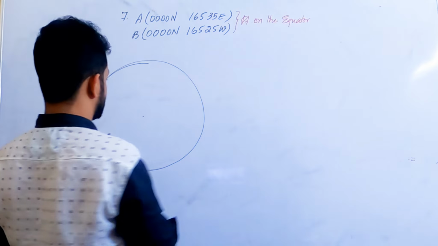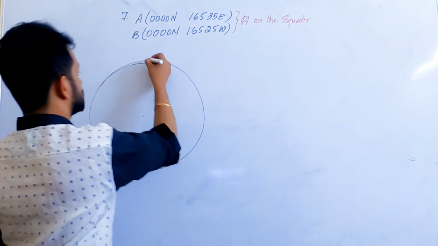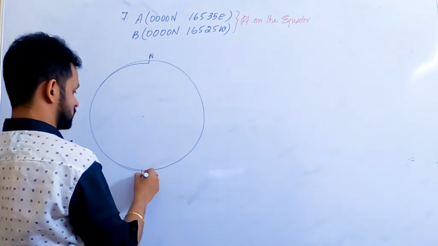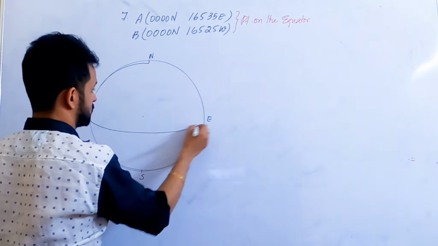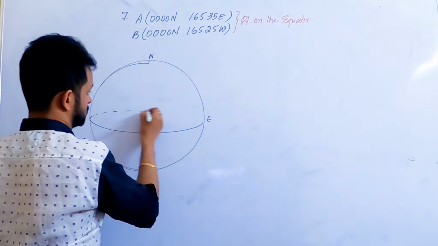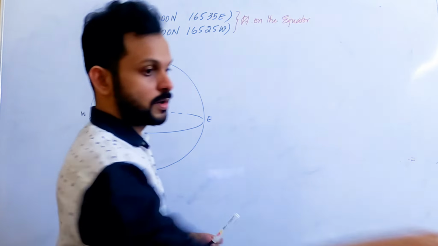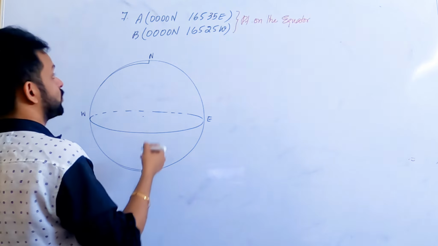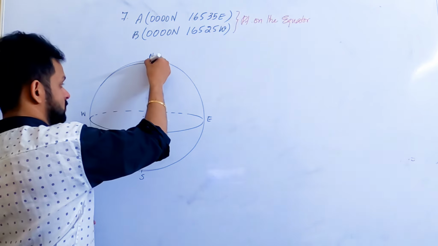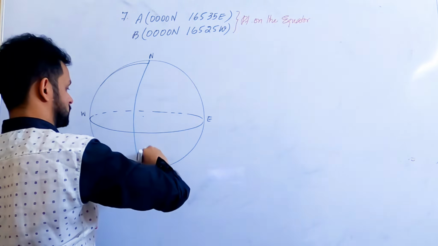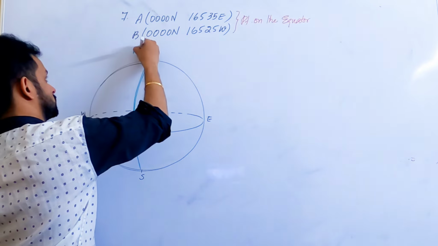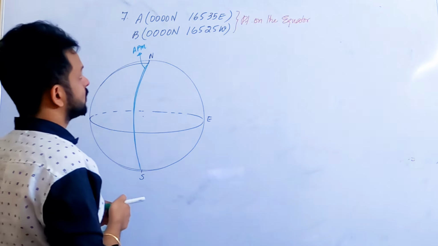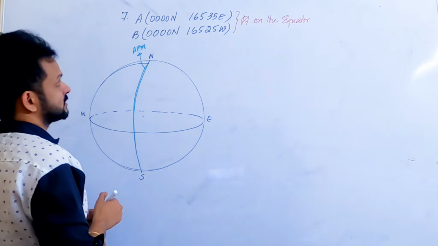So first, as you said, we'll draw the front view. So it's north, south, east, west, and the equator. You're looking from the anti-prime meridian side, two different longitudes. One is 165 degrees 35 minutes east.